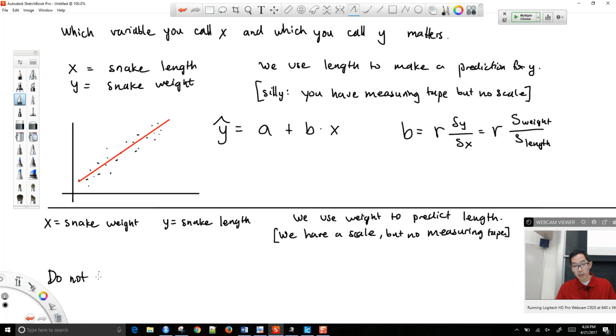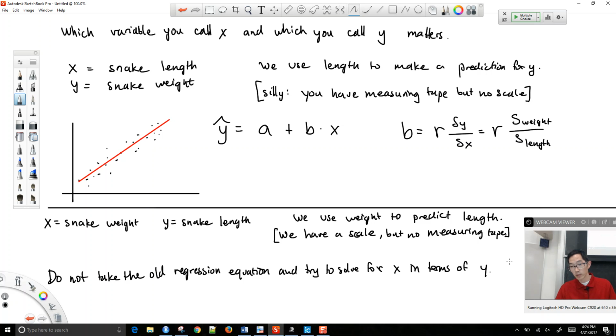Do not take the old regression equation and try to solve for x in terms of y. That will give you the wrong answer. What you need to do is recalculate the slope and intercept accordingly.